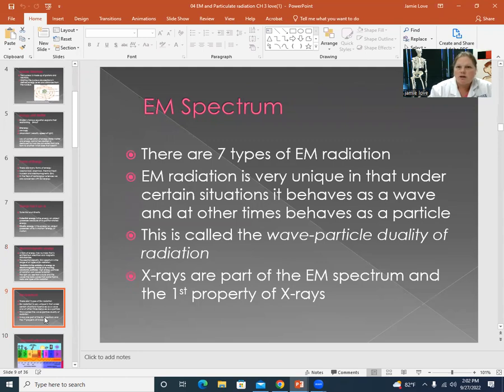And there's a special thing with X-rays, the wave-particle duality of radiation, meaning that part of the time X-rays can be described by wavelength and frequency, just like on the EM spectrum. But once you get to a certain level, the higher the energy, you're going to get off that EM spectrum and come into what we call particulate radiation. And we're going to talk about those 2 types at the end.